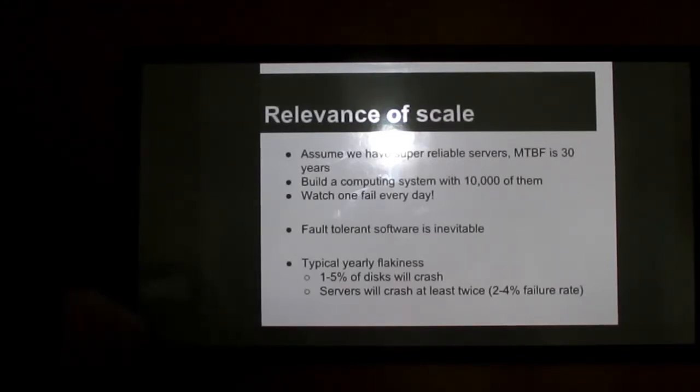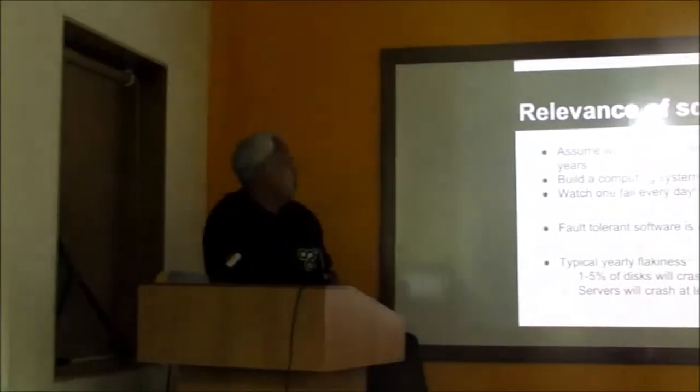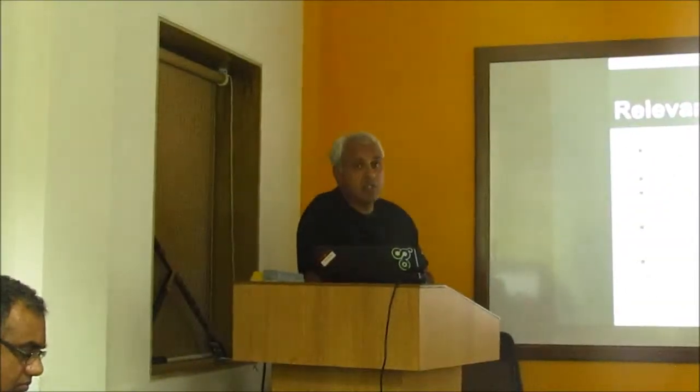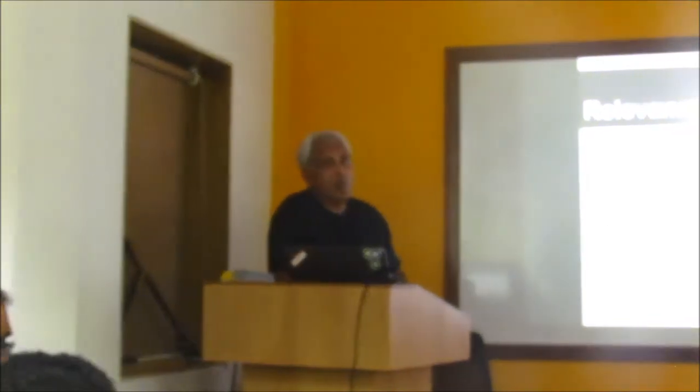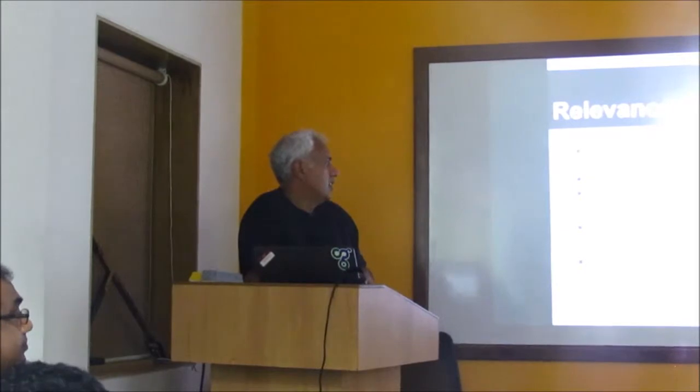So assume you have super reliable servers, right? Mean time between failures is 30 years. Build a computing system with 10,000 of them, and you will watch one fail every day. So fault-tolerant software is inevitable. Typical yearly flakiness is like 1 to 5% of servers will crash.